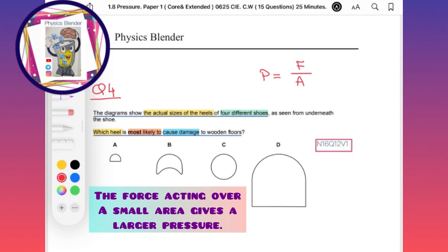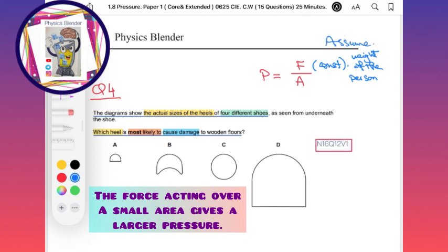We will assume here the force will be constant, which is the average weight of a normal person.